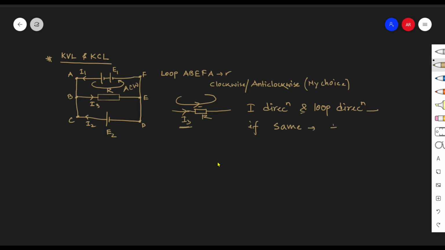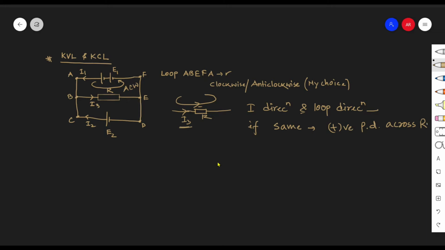I can choose it according to my wish, clockwise or anticlockwise. It is my choice. You see that current is driven from the positive terminal of E1, and this current must be entering into the negative terminal of E1, because that is what we know as KCL, Kirchhoff's current loop.